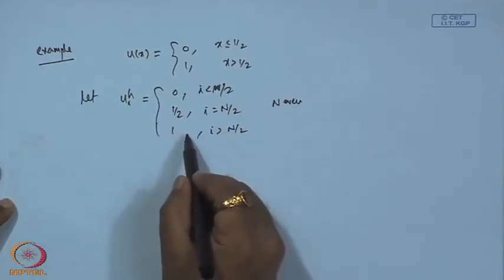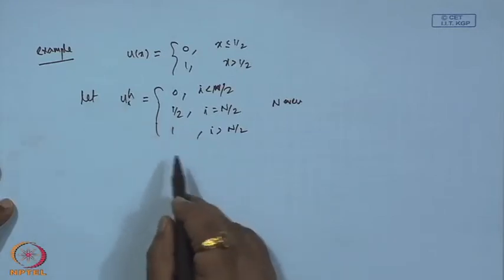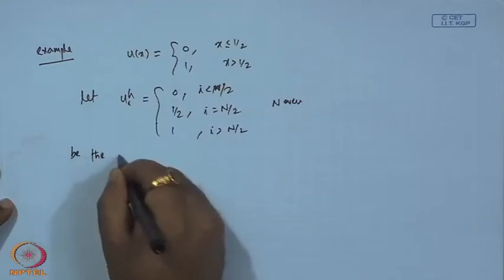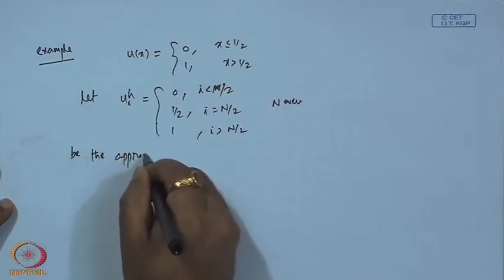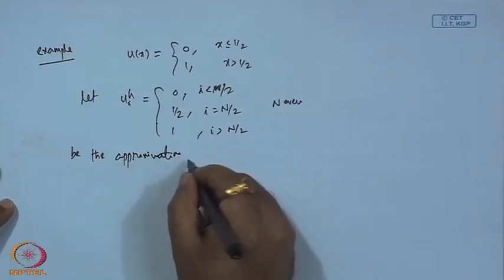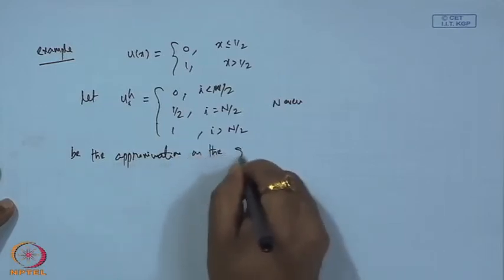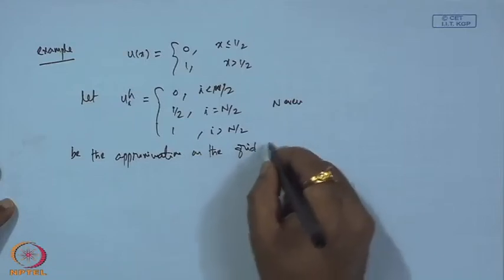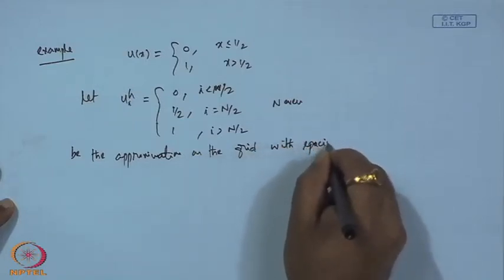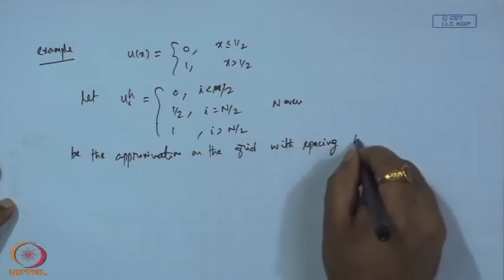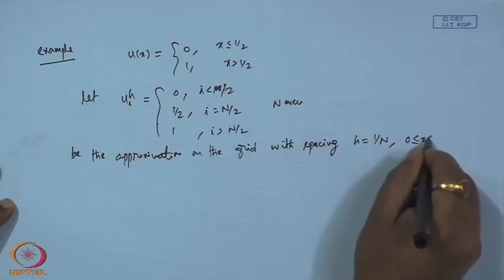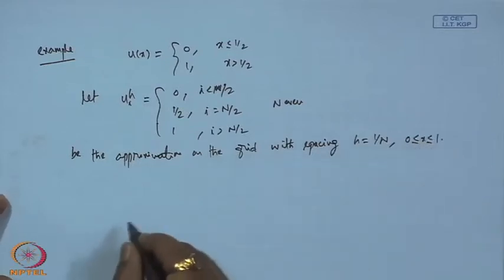So, if this be the discrete approximation, so this be the approximation on the grid with spacing h is 1 over n on this, let us say.